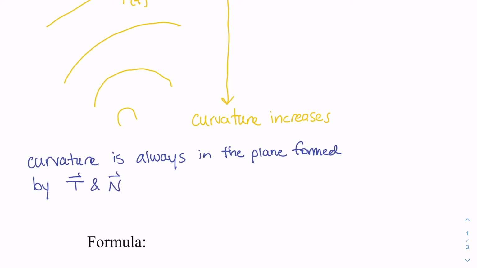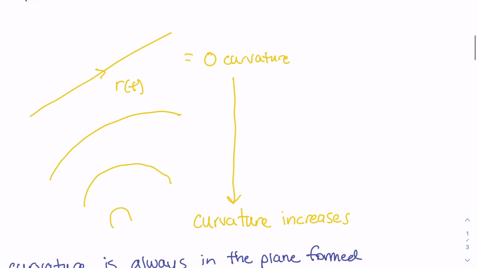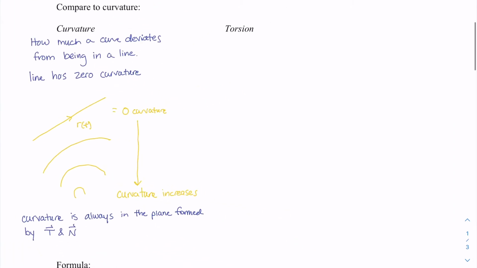That's that osculating plane. The local curvature is always in the plane made by t and n, and it's a value of how much the curve is turning or deviating from being a straight line. So that's our comparison to curvature.